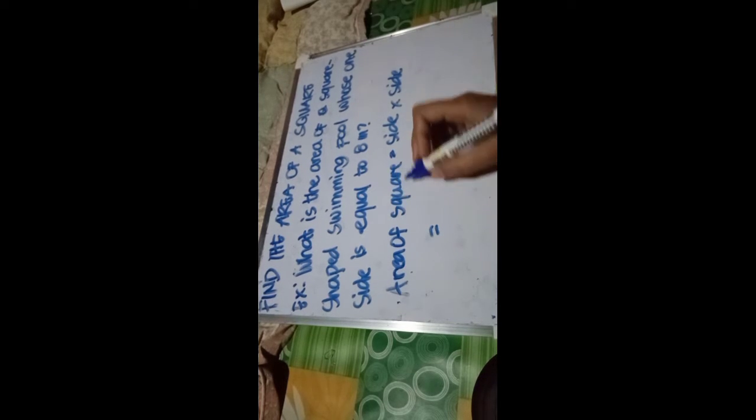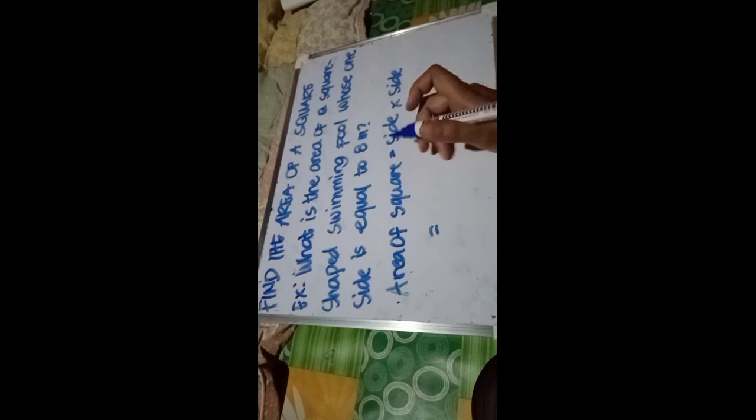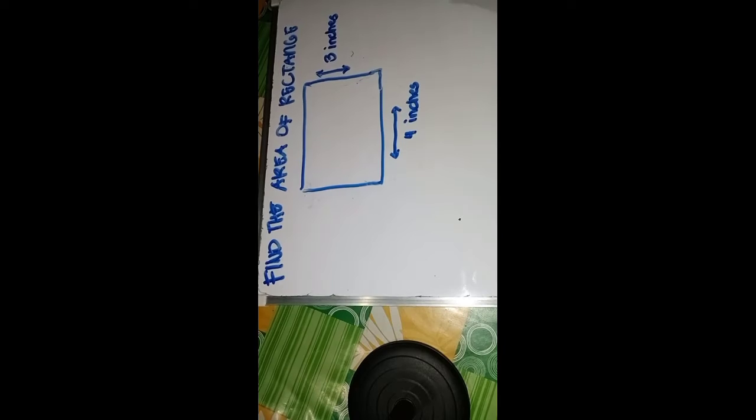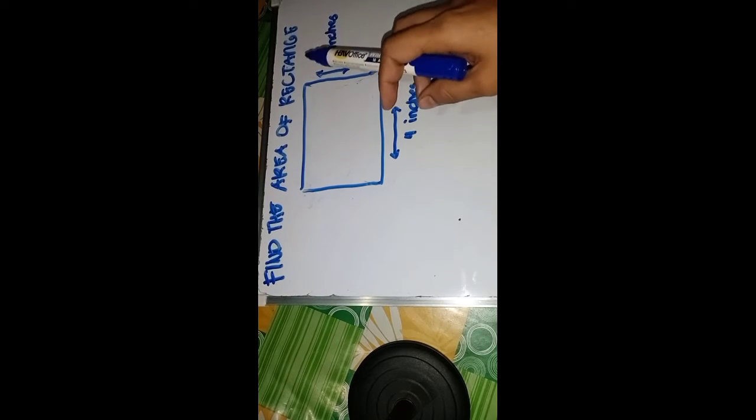So in our case, the area of the square is 8 times 8 equals 64 m².